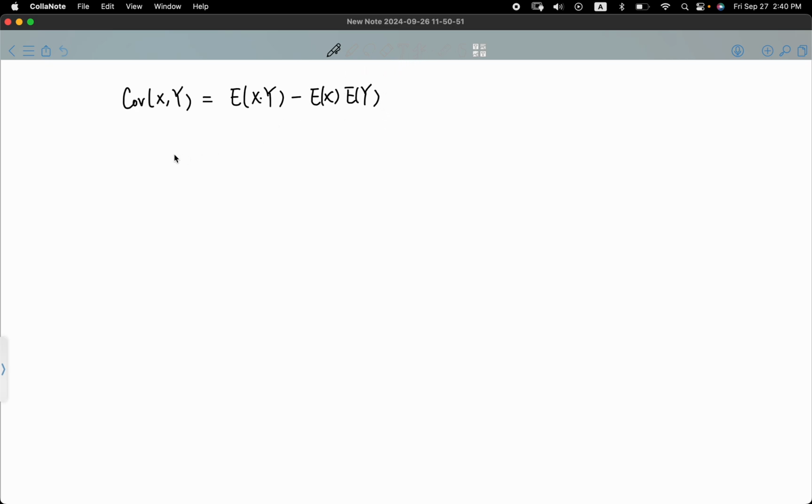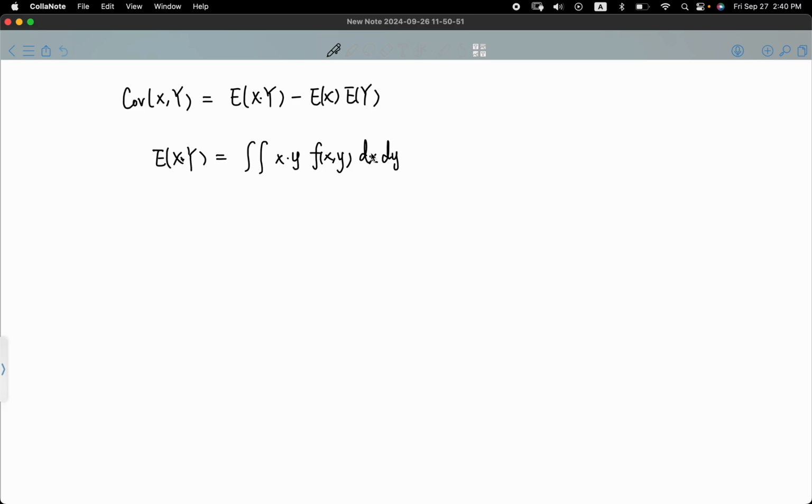And then particularly for this expected value of x and y, this is equal to the joint, and yeah, maybe we can talk more about that in a later lecture. So this is the joint probability density function, dx and dy.